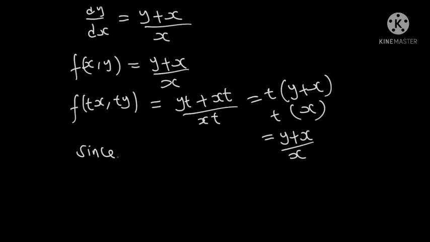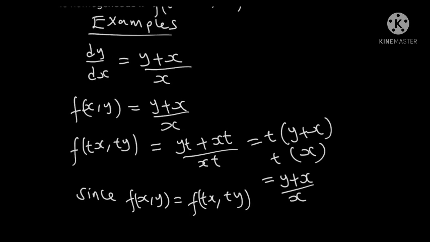Since f of x, y equals f of tx, ty, then this equation is homogeneous and thus can be reduced to separable forms.